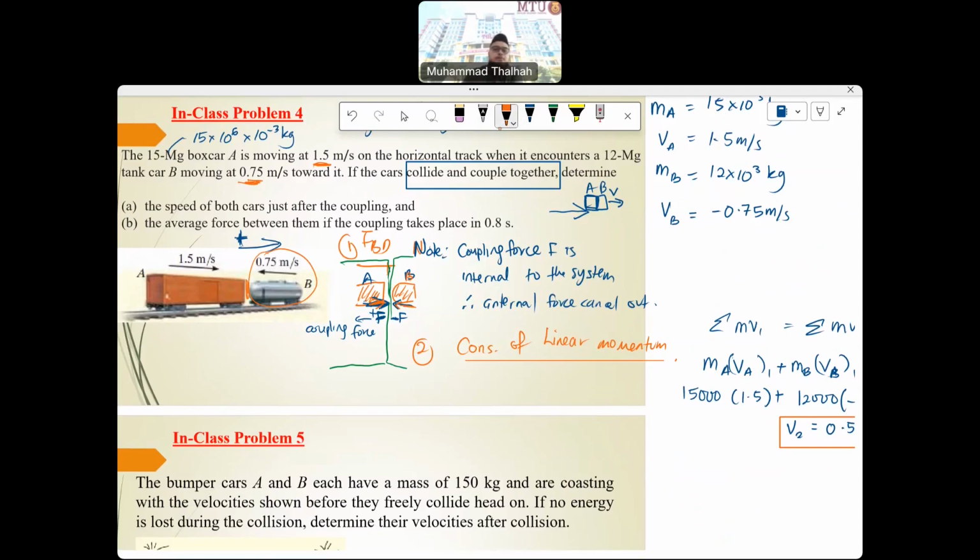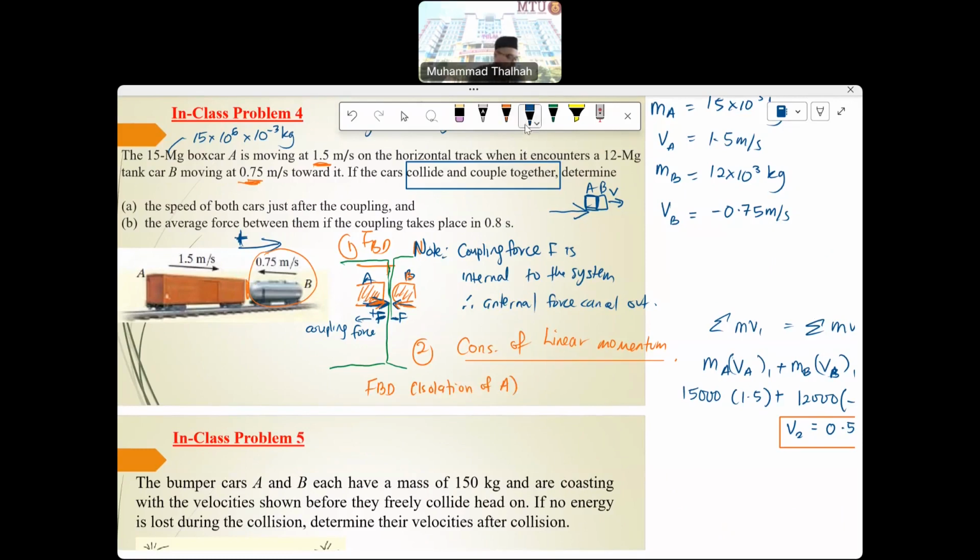In this case, you will draw your FBD for isolation of A. You can isolate B as well, no problem.